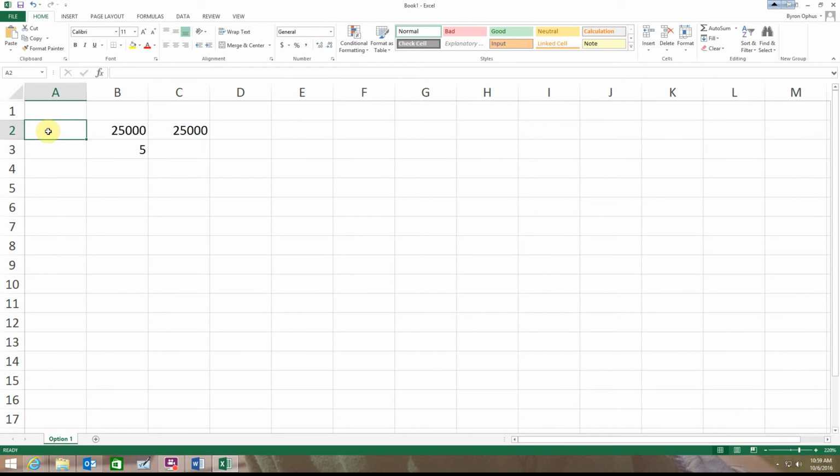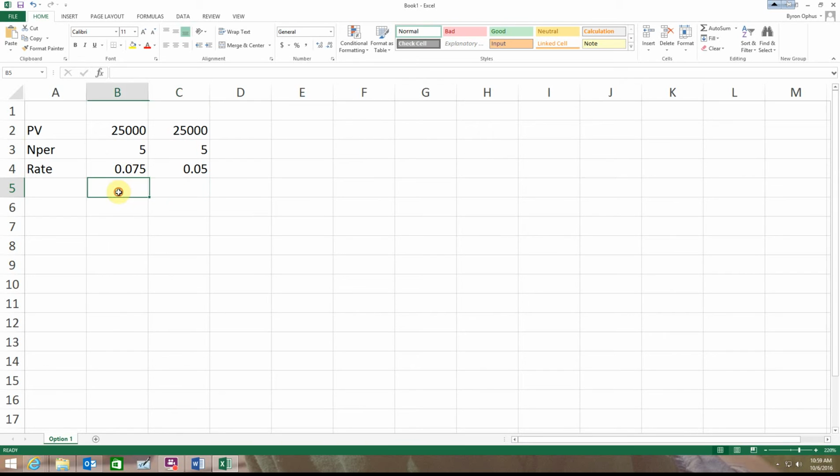This is my present value, my car loan. This is my number of periods, 5 years. And my rate, for the existing one, is 7.5%, and I could get maybe 5%.